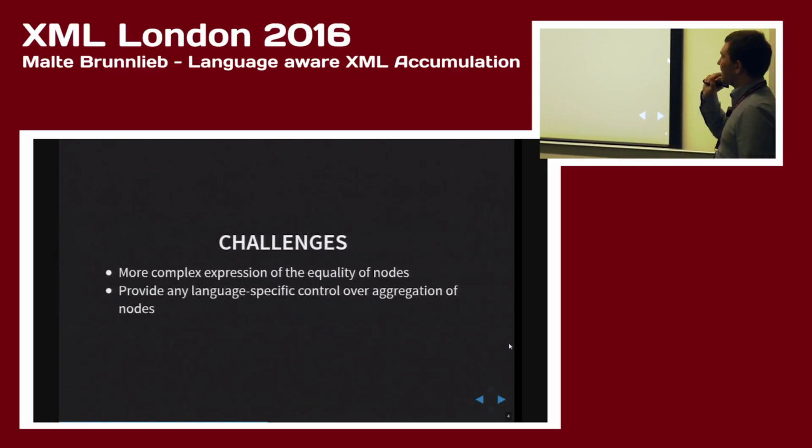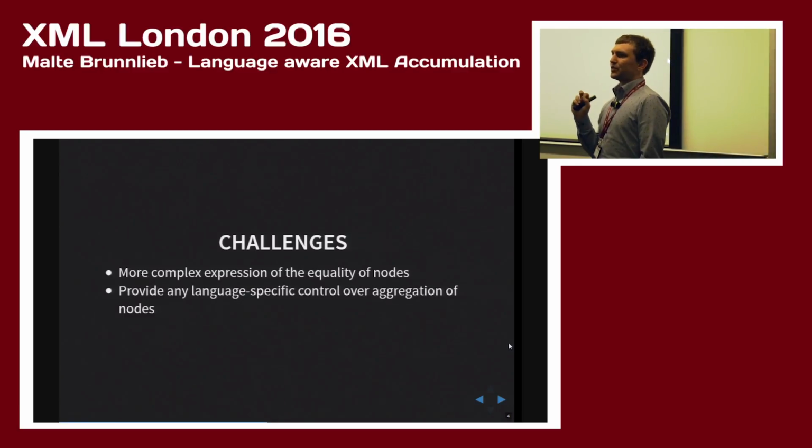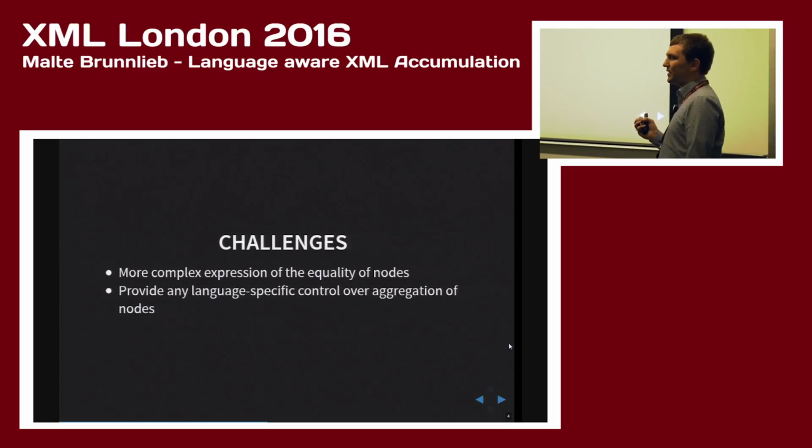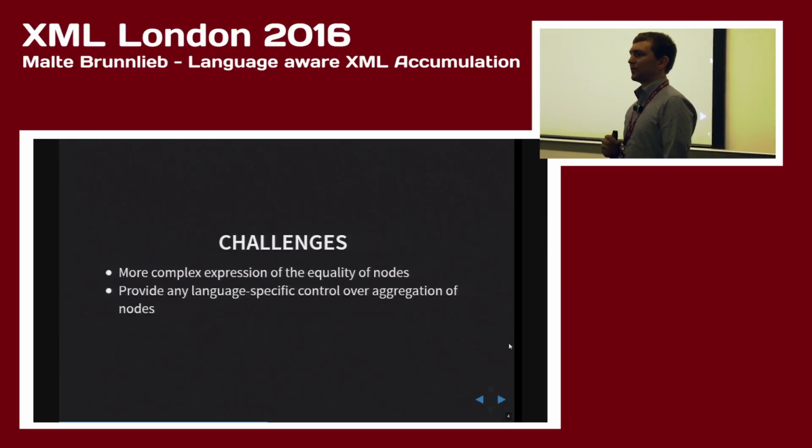And therefore, we have this challenge to really try to express the notion of equality of each node. This is one essential point here, and provide a language-specific control over the aggregation. So depending on which language we're currently facing, or which semantics of the document especially, we may want to have different aggregation algorithms.